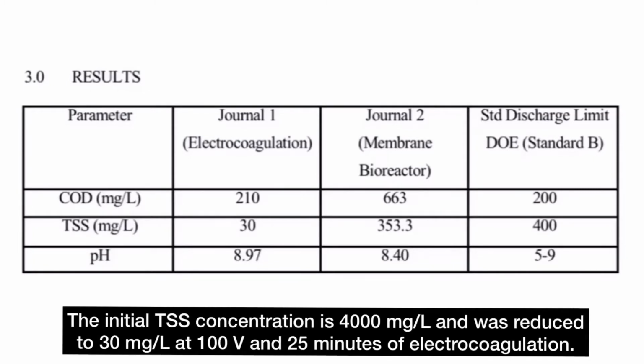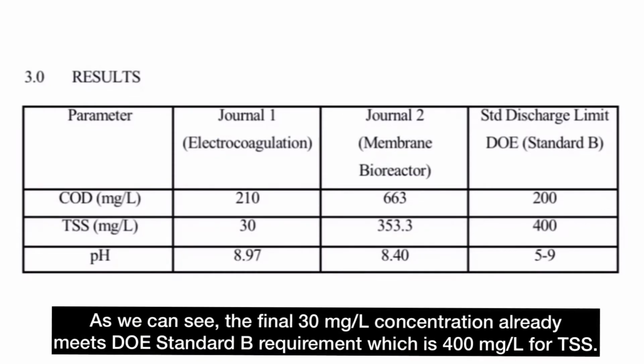The initial TSS concentration is 4,000 milligram per liter and was reduced to 30 milligram per liter at 100 volt and 25 minutes of electrocoagulation. As we can see, the final 30 milligram per liter concentration already meets the DOE Standard B requirement, which is 400 milligram per liter for TSS.